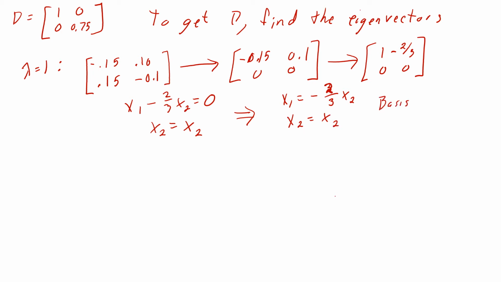So my basis for my eigenspace is the vector 1, 1. Okay, so there's my first one.